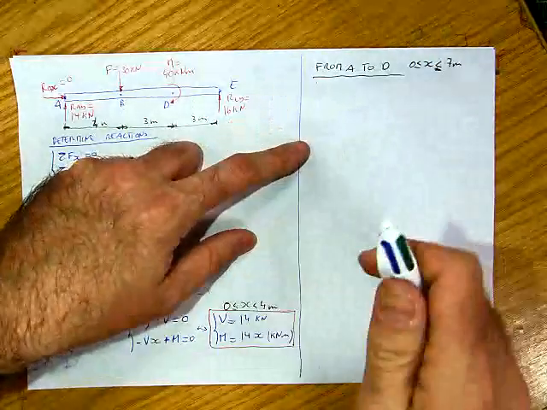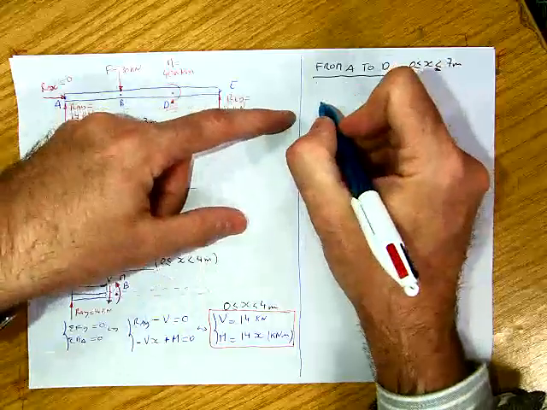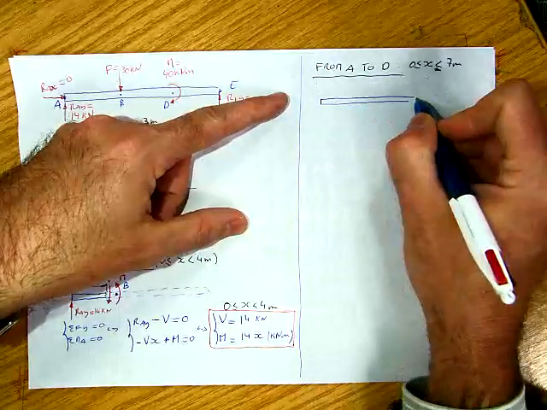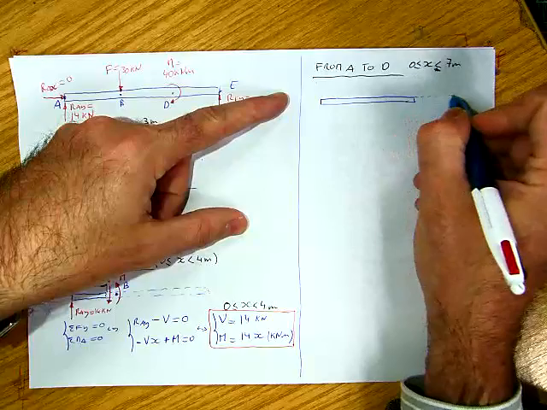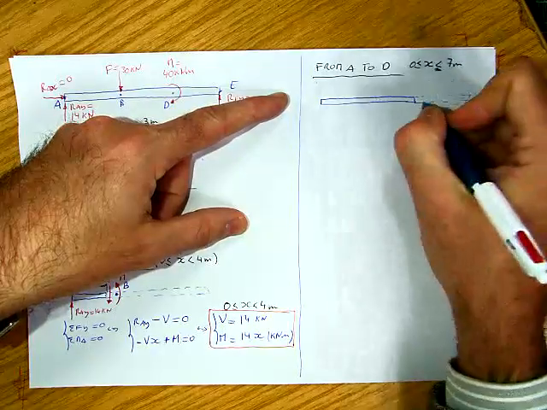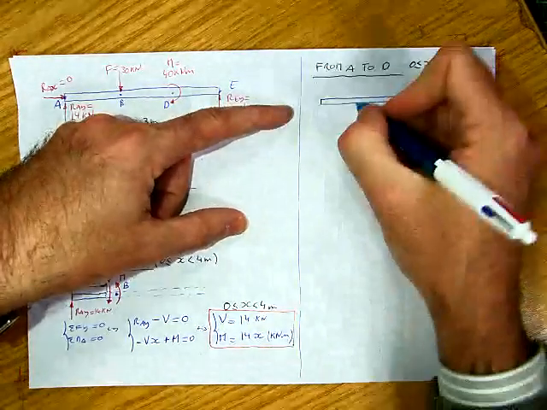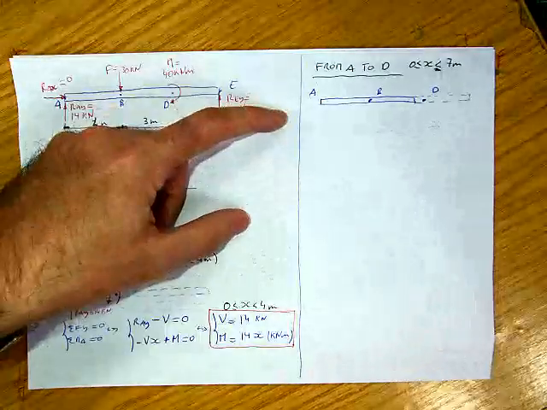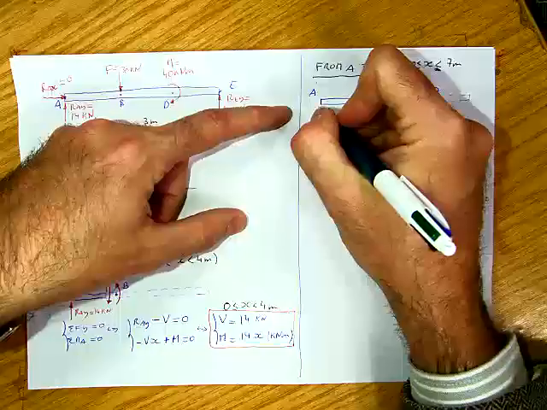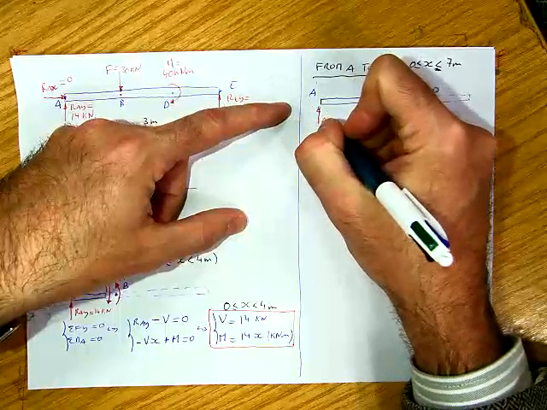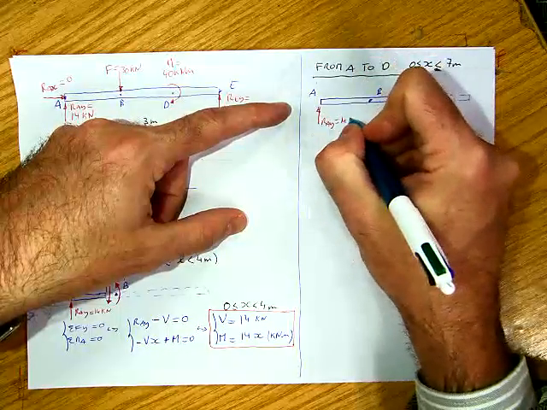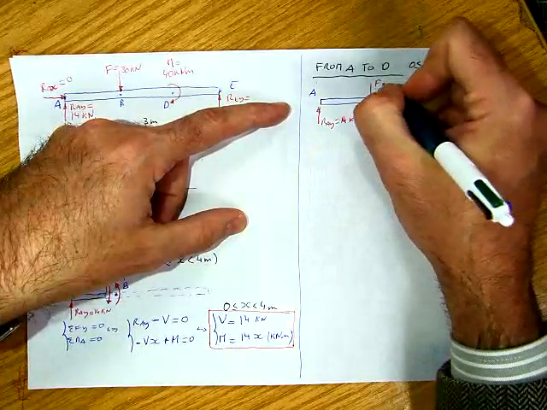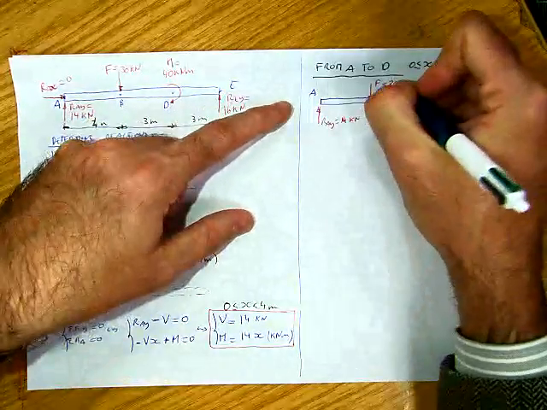Again I do a free body diagram, almost up to D. D is going to be over there, B over here, and A over there. So I sketch another free body diagram. I have RAY equals 14 kilonewton, and the force equals 30 kilonewton.